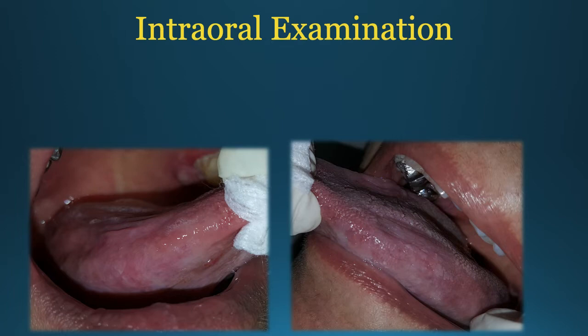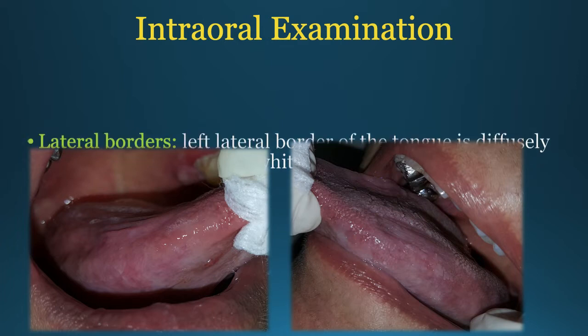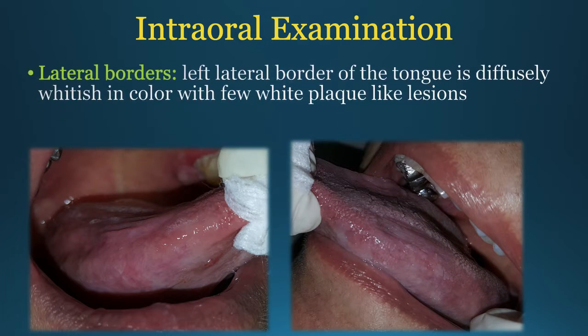We have a small whitish plaque lesion. Because a plaque lesion is usually an elevated lesion more than 1 centimeter, and this lesion seems to be smaller than 1 centimeter, we can say that we have a plaque-like lesion. So let's check the description.